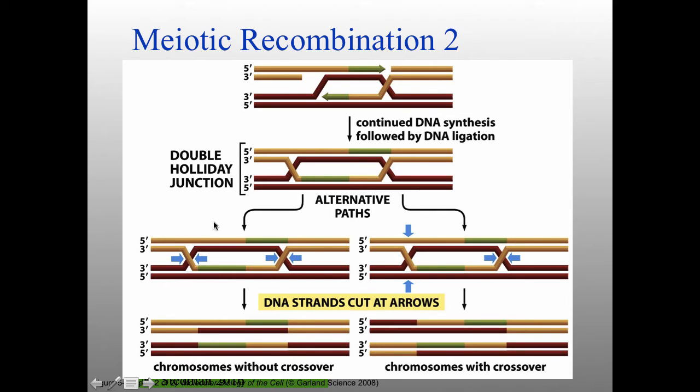You can have two different kinds of what they call resolution of your Holliday junctions, which is cutting and putting them back together. You can either end up with chromosomes which are the same at either end, so yellow at this end, yellow at this end, and red at this end and red at this end, or what is called the crossing over.